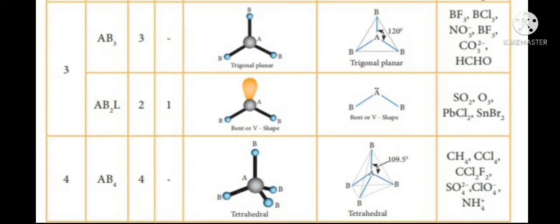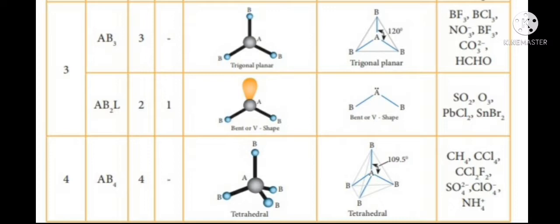Hence, this molecule contains 2 AB bonds and 1 lone pair on central atom A. Due to the presence of 1 lone pair, the shape of the AB2L molecule is bent shape or V shape. Molecular geometry is shown here. SO2, O3, PbCl2, SnBr2 are examples for AB2L molecule.